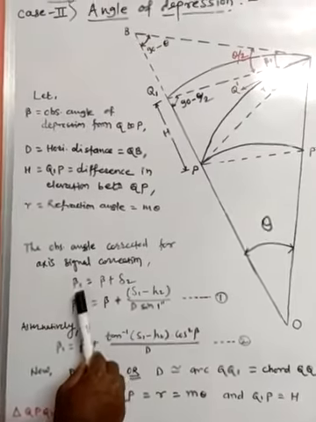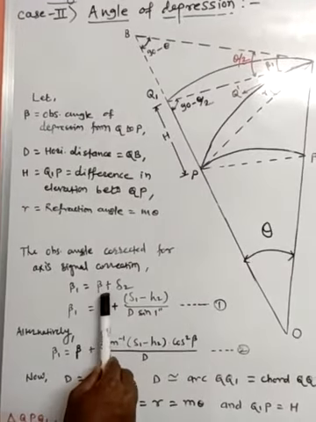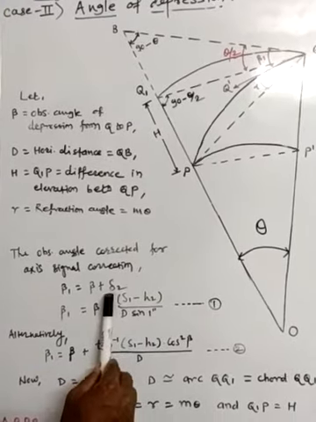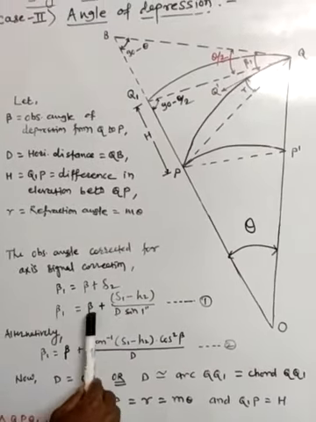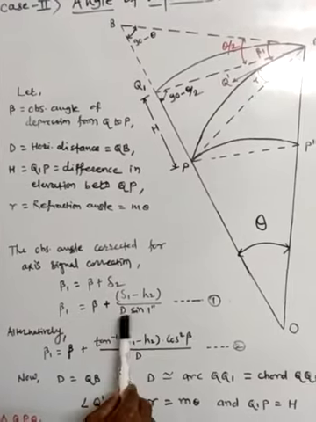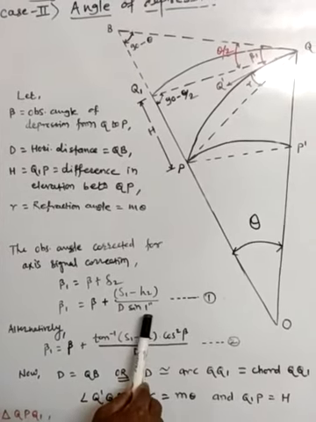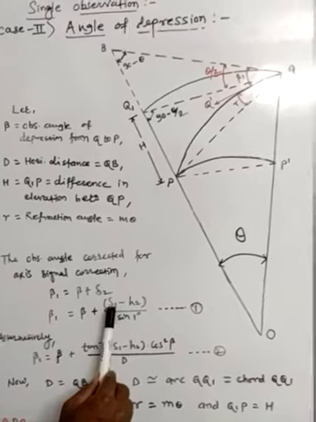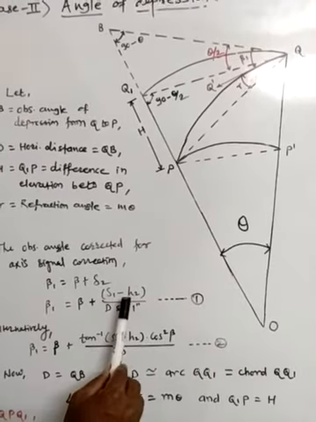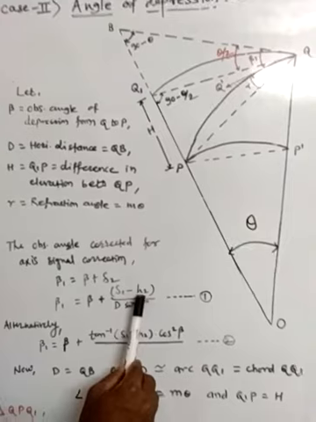So beta 1 is equal to beta plus delta 2. This equation can be written as beta 1 is equal to beta plus (s1 minus h2) divided by d into sine 1 seconds. That is equation 1. Here s1 is the signal height and h2 is the instrument height.